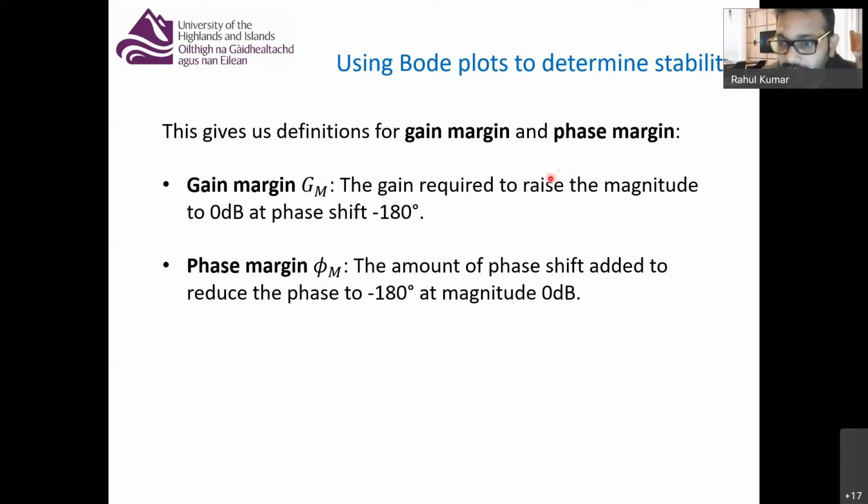What margin we have in order to make our system stable. So gain margin GM is the gain required to raise the magnitude to 0 dB at a phase shift of minus 180. And phase margin, which is represented by phi m, is the amount of phase shift which can be added to reduce the phase to minus 180 degree at 0 dB magnitude. Right? A little bit confusing, but it's very simple.